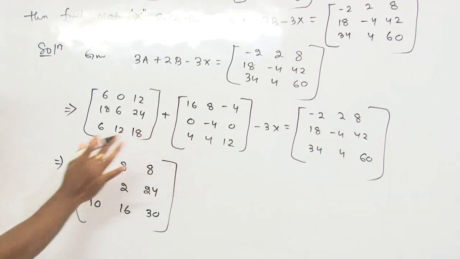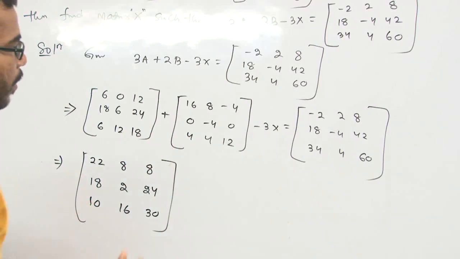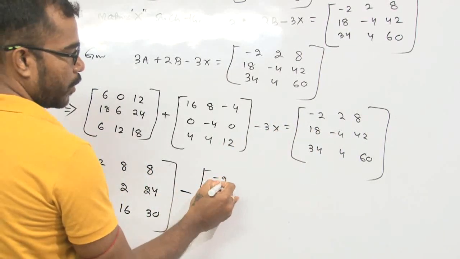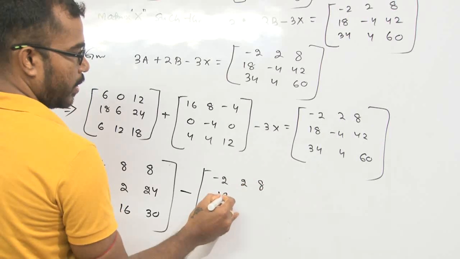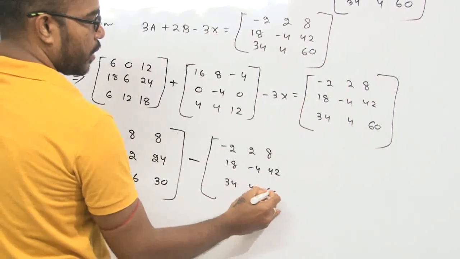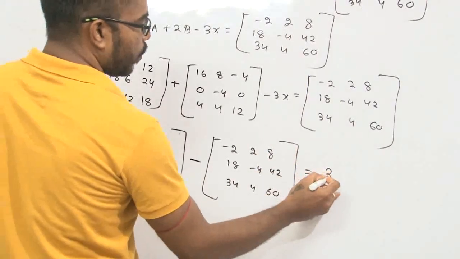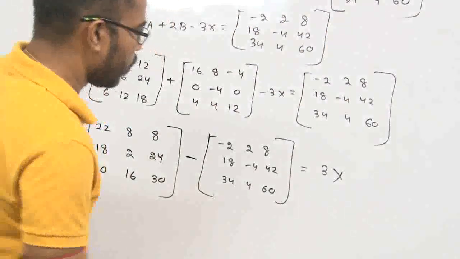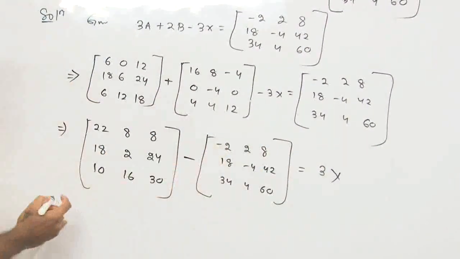So if we add the first two matrices, we get this, and minus 2, 2, 8, 18 minus 4, 42, 34, 4, 60 is equal to 3X. Now we take the minus 3 to the right side, so it is a positive sign, so it is 3X.